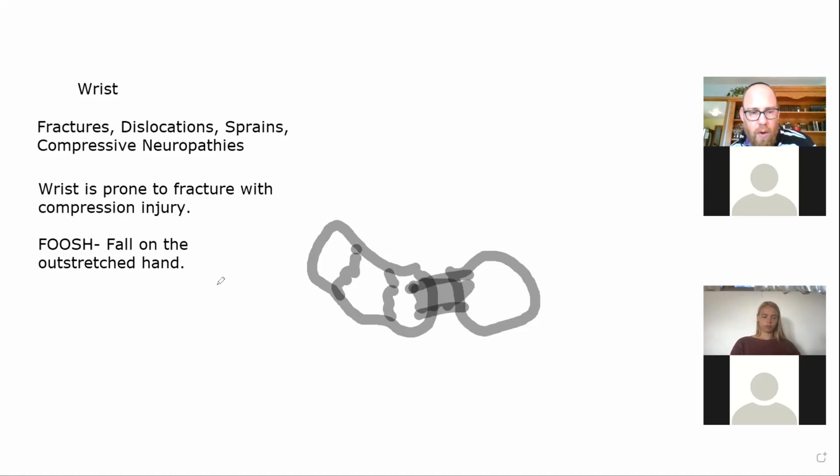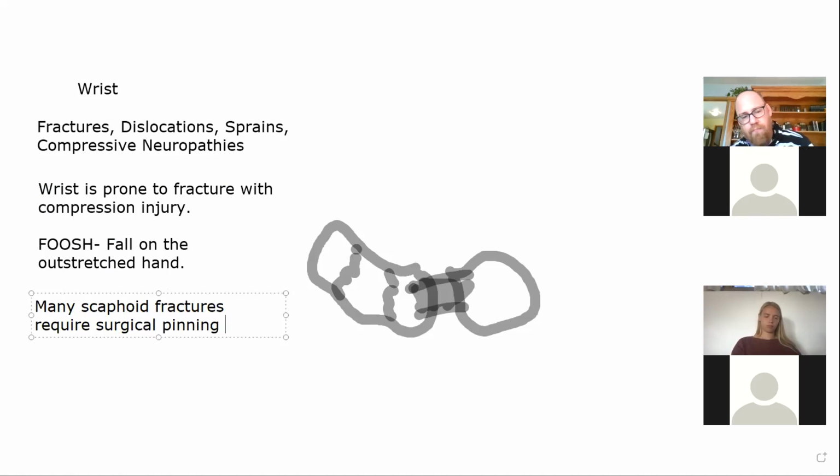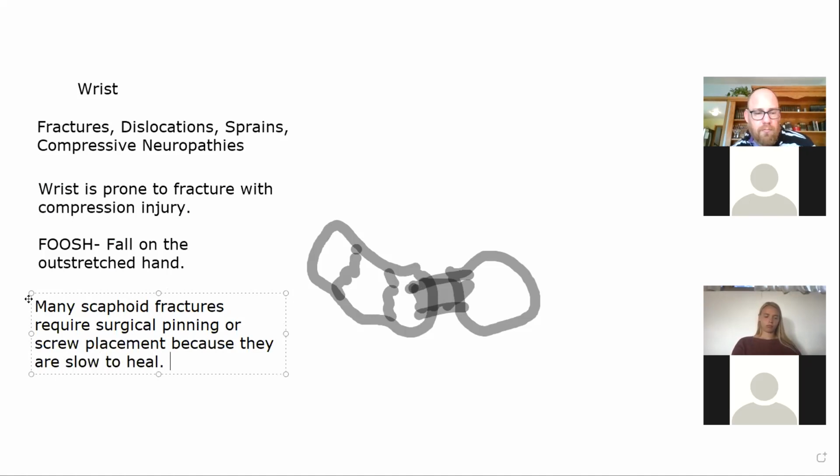So many scaphoid fractures require surgical pinning or a screw, but these injuries are notoriously bad healers. That ultimately can lead to what's called avascular necrosis of the wrist.